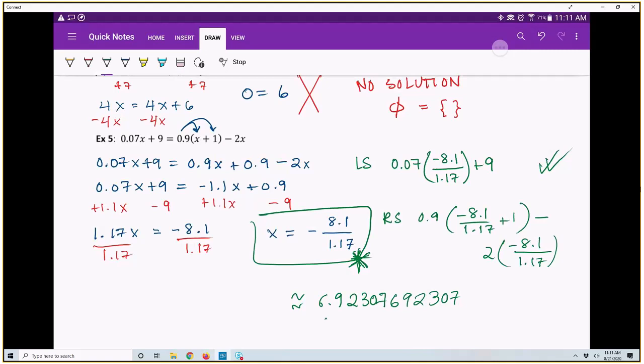So you don't want to round this, because if you say this is 6.92, that's not the same as 6.92307 repeating forever. So unless your problem tells you to round, which sometimes it might say round your answer to 2 decimal places, then you would. Otherwise, if you're not instructed to round, then you would rather just leave it as negative 8.1 over 1.17.